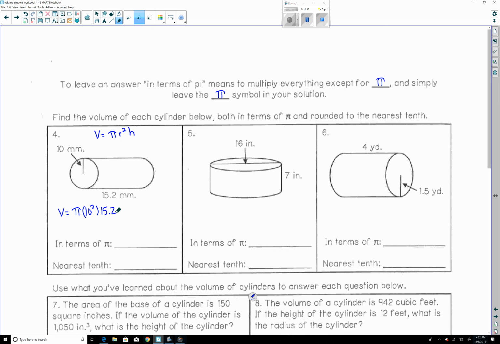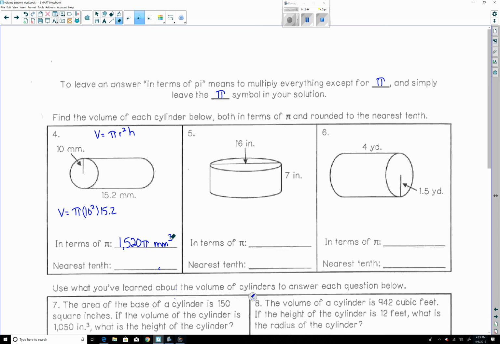So 10 squared times 15.2. I get 1,520. So if I'm leaving it in terms of pi, I'm going to say 1,520 pi millimeters cubed. That's if you're leaving something in terms of pi.